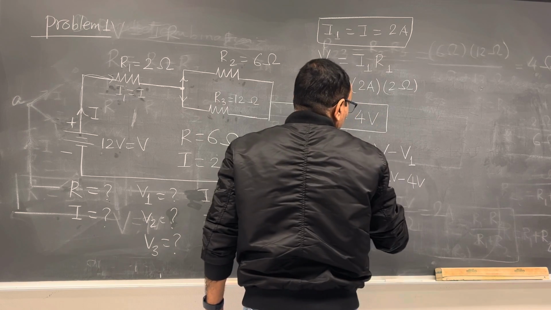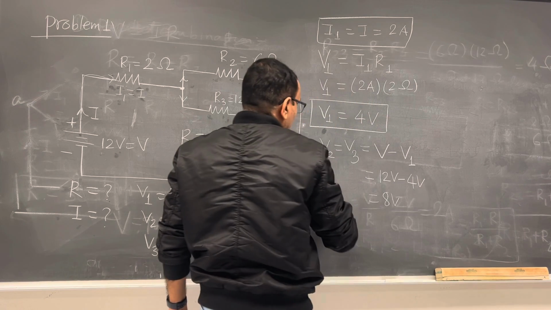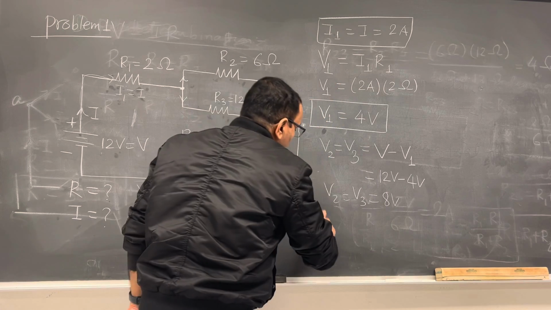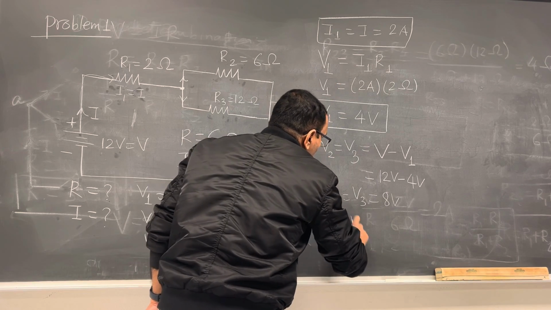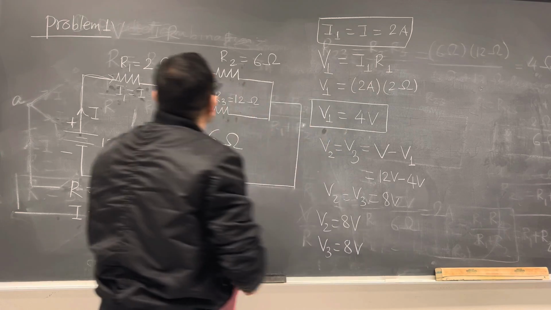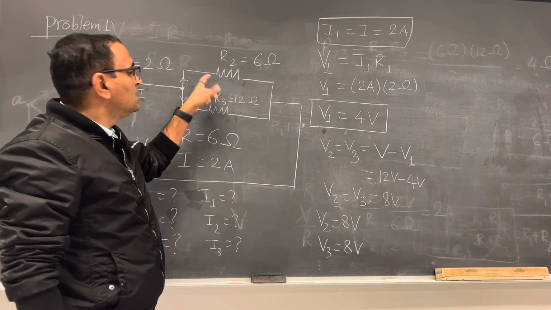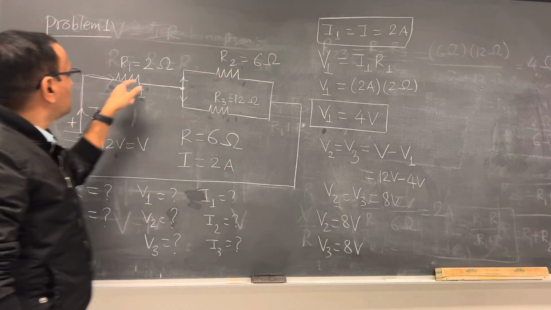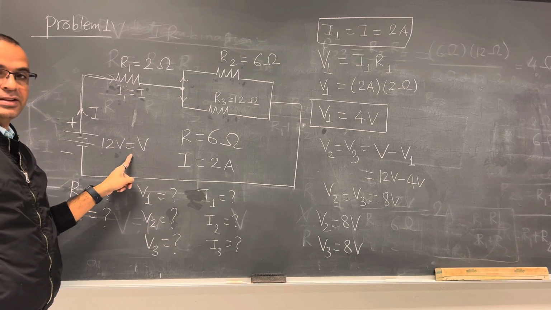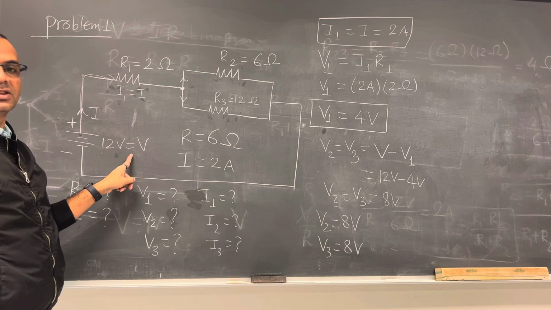So this is equal to 8 volt. V2 is 8 volt, V3 is also 8 volt because they are in parallel. So these 8 volt plus 4 volt, if you add them, you get 12 volt. And this makes sense, right? The energy is conserved. Okay.